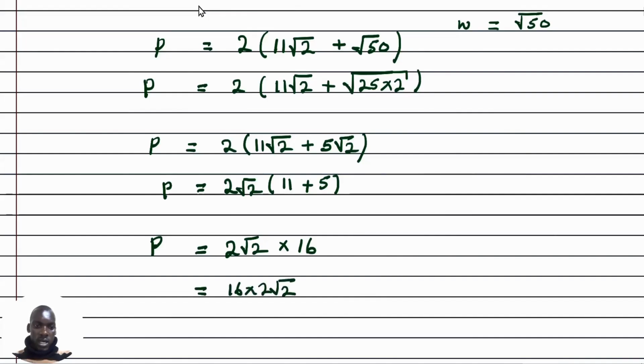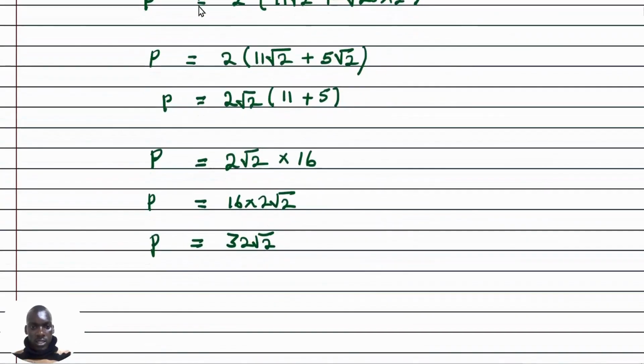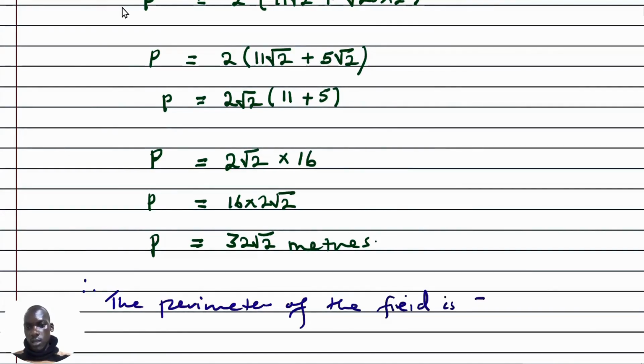Our perimeter P equals 16 multiplied by 2, which is 32, then root 2. So this is our perimeter in meters. We can now conclude that the perimeter of the field is 32 root 2 meters. This is the correct answer for part B.